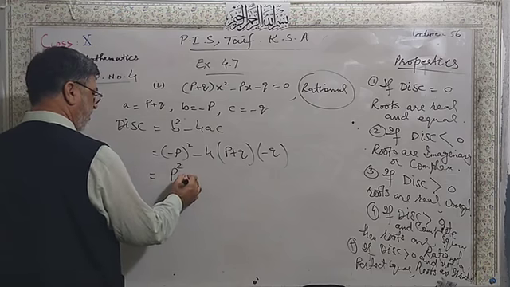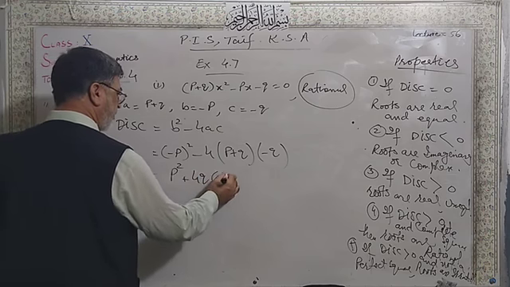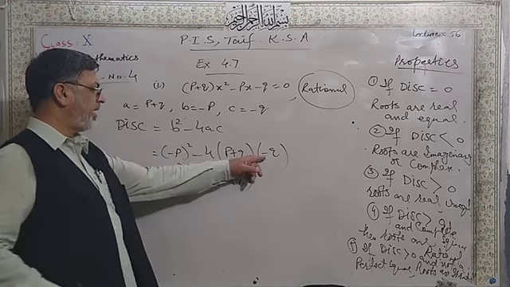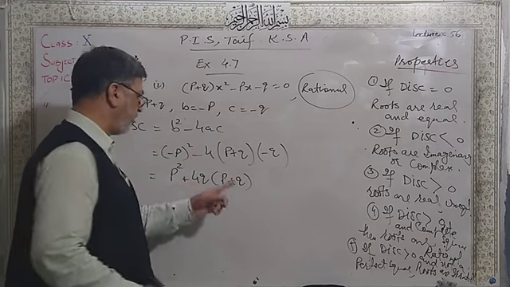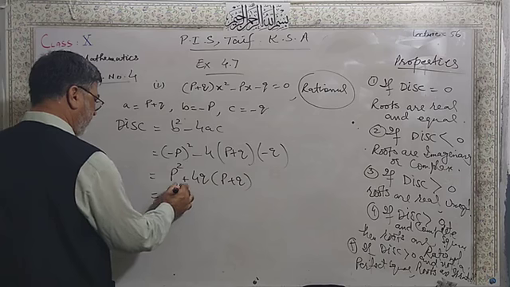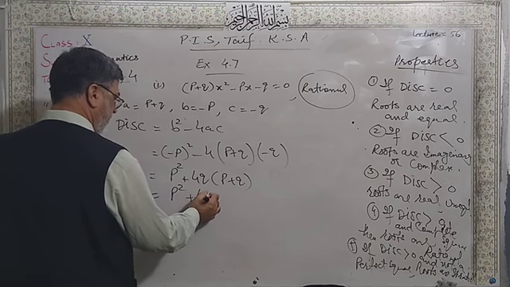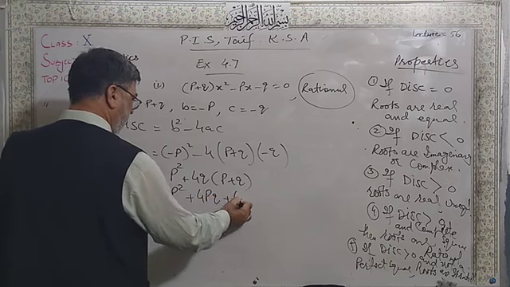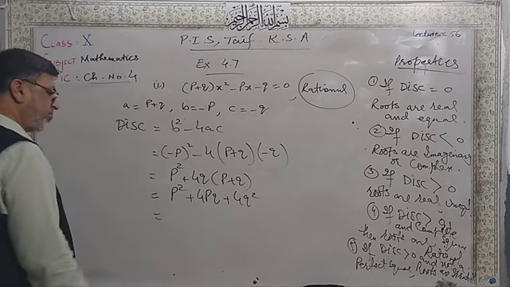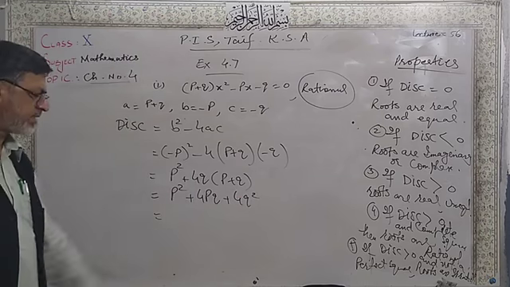p square plus 4q into p plus q. Minus minus plus, 4q into p plus q. Open up the bracket: 4pq plus 4q square. Dear students, what is this?